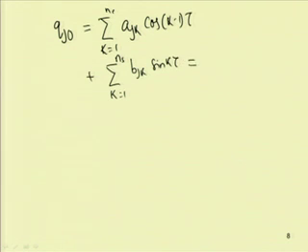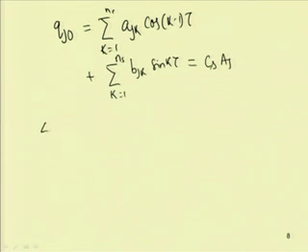This can also be written in matrix form using C s into A j, where A j are the coefficients, the Fourier coefficients. So, q j 0 can be written in this form.